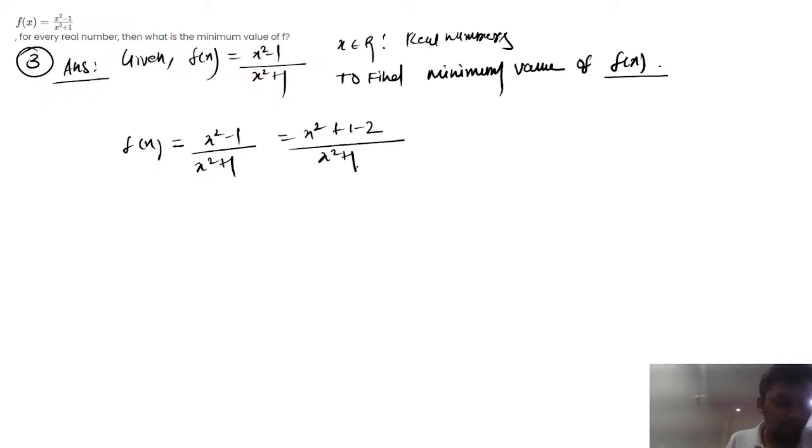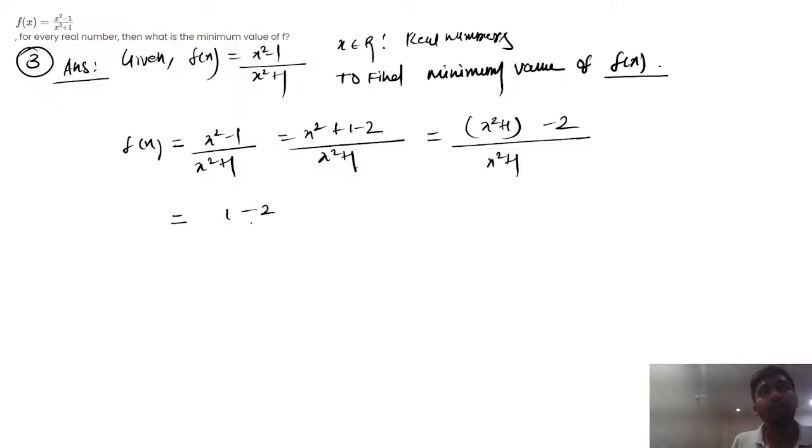Any doubt till here? Which can be further written as 1 minus 2 upon x square plus 1. Any doubt till this step? No?